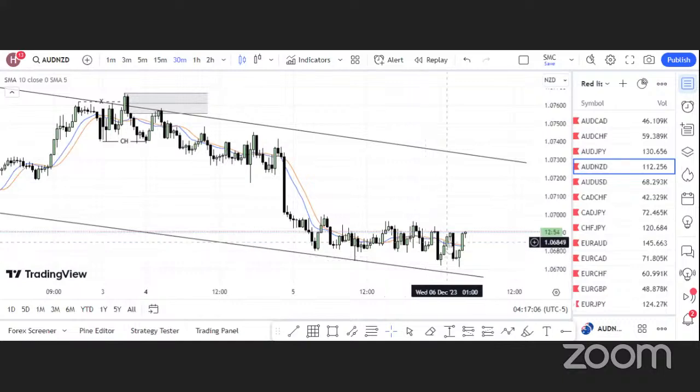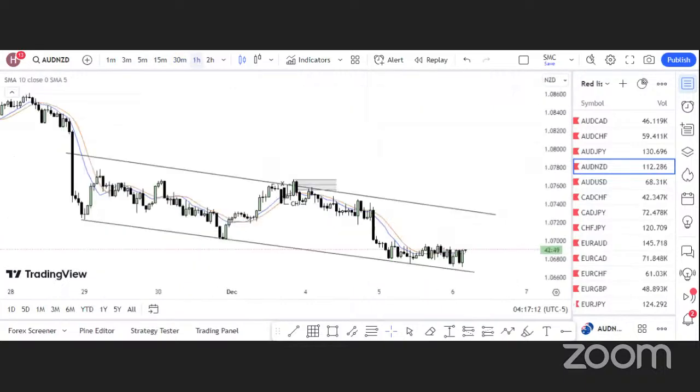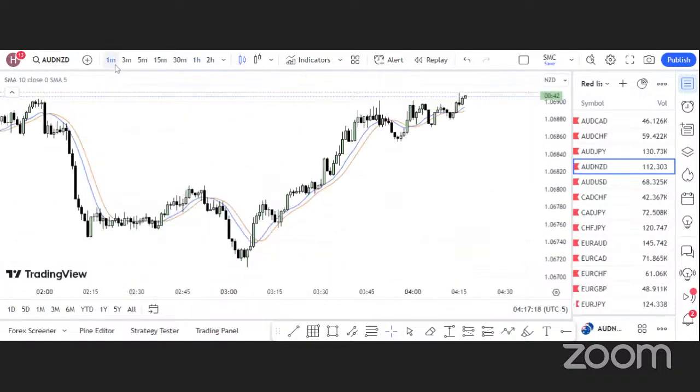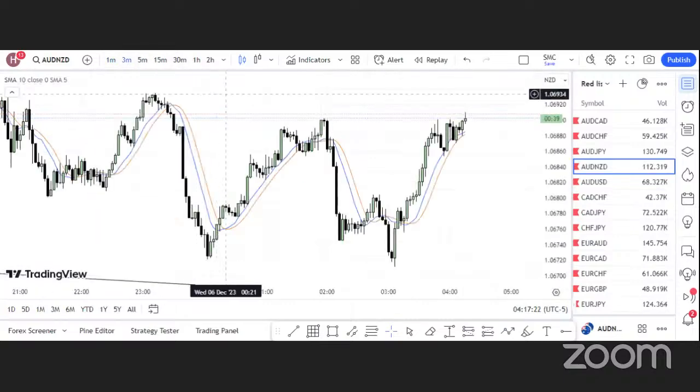Okay, so I need just one more confirmation from here for me to take my entry. All right. Let's go to the 1 minute time frame. Let's see if this is something we can take advantage of.